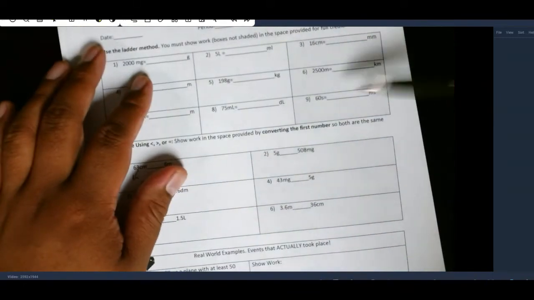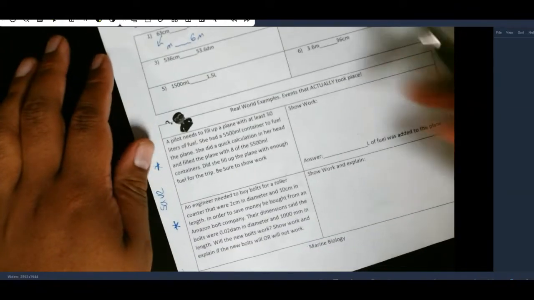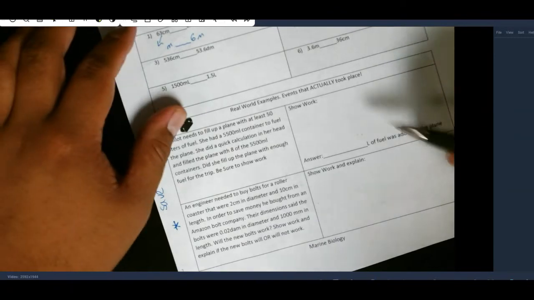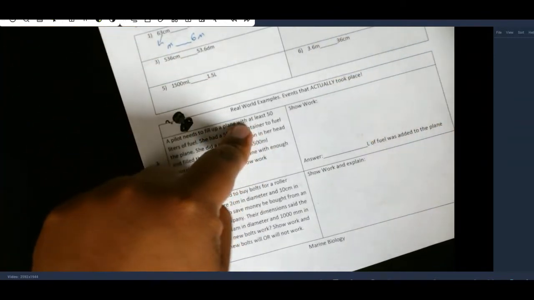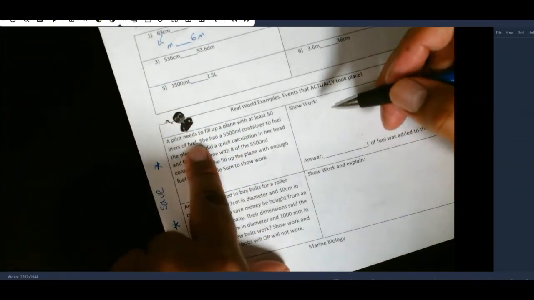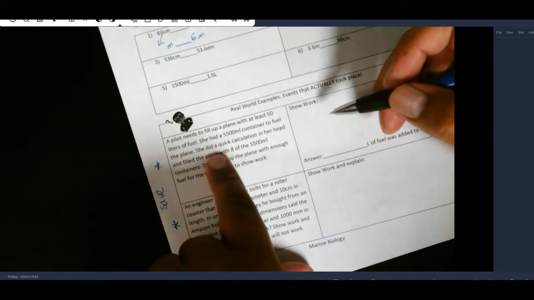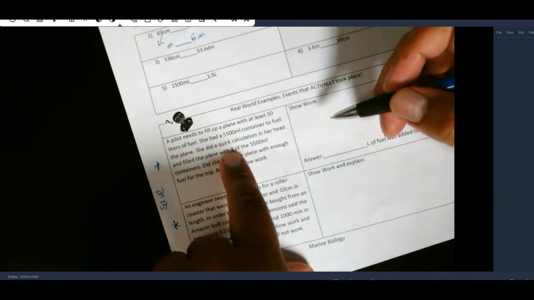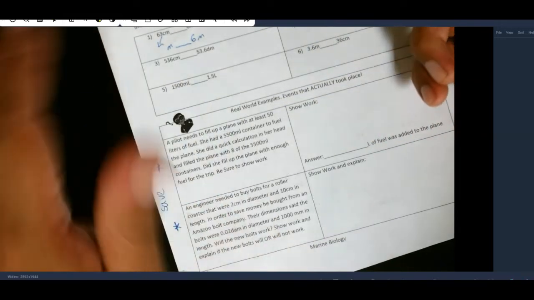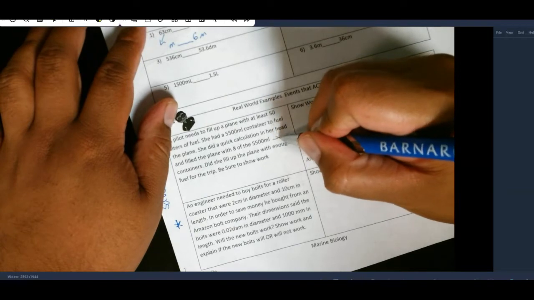Back over here, I had another video for these here. On these here, they're real world examples. So like on this one, you have a plane. She needs at least 50 liters of fuel in it. But what does she do? She has a 5,500 ml container, and she fills it up 8 times, basically. Is it enough fuel? Okay. So a couple ways you can do this. You can convert this to liters first.